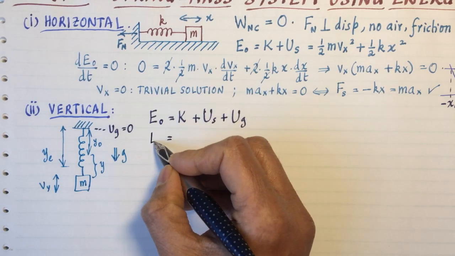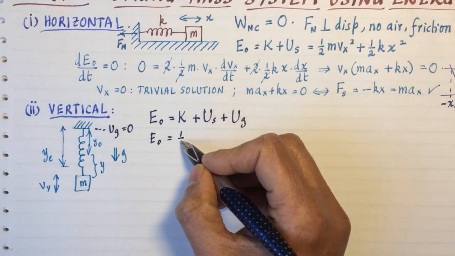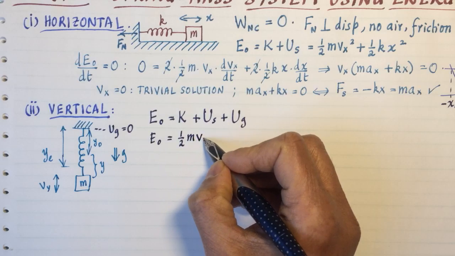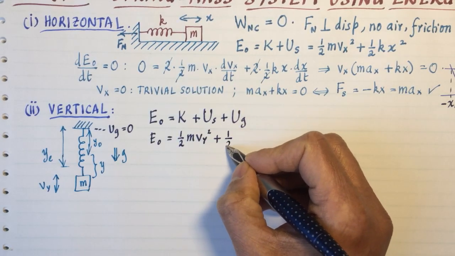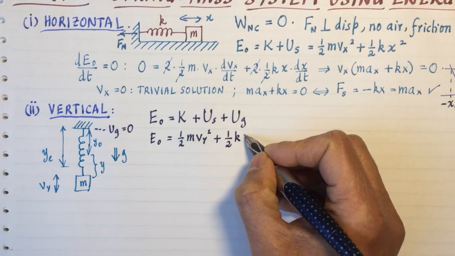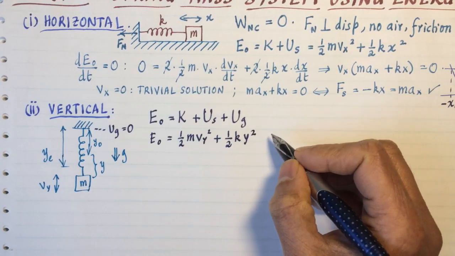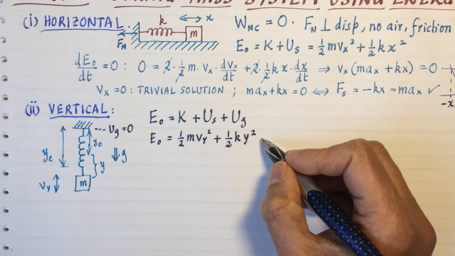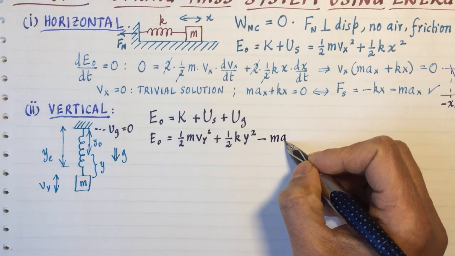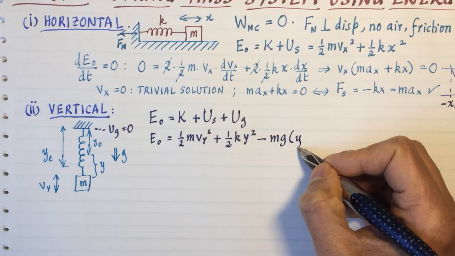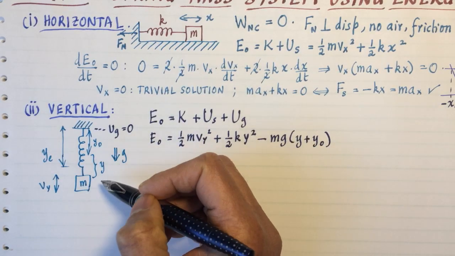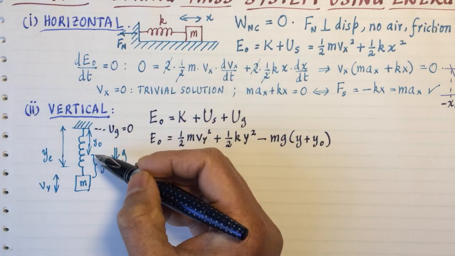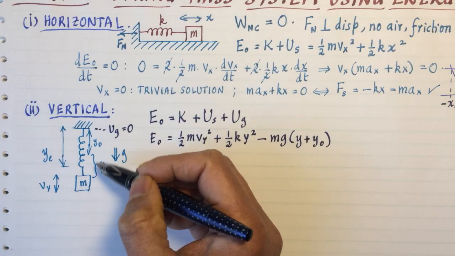This is E naught equals 1/2 m v_y squared. The spring energy is 1/2 k y squared, and the gravitational potential energy is negative mg (y plus y naught), because y naught is the unstretched length of the spring, and the additional stretch of y brings the total length of the spring to y plus y naught.